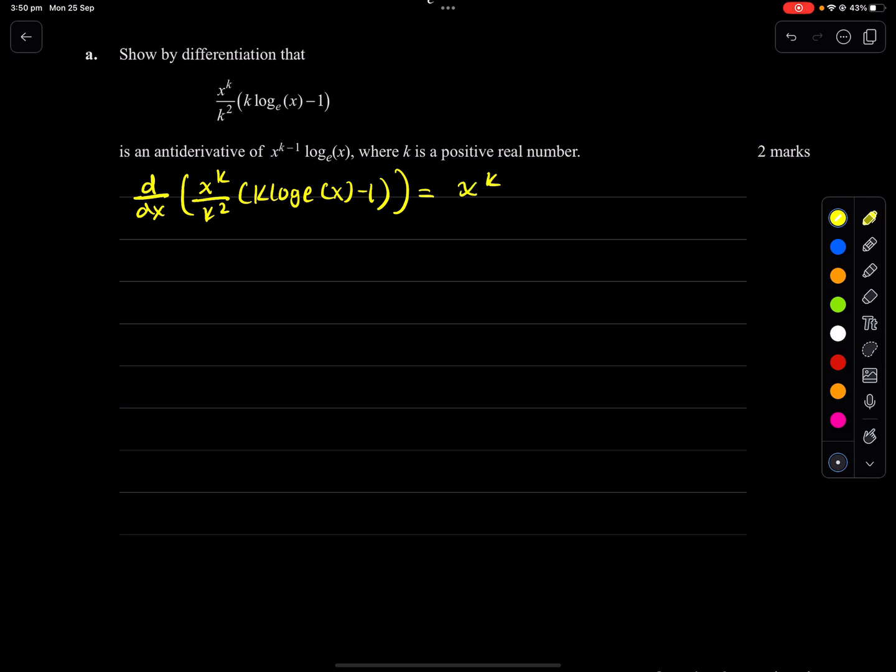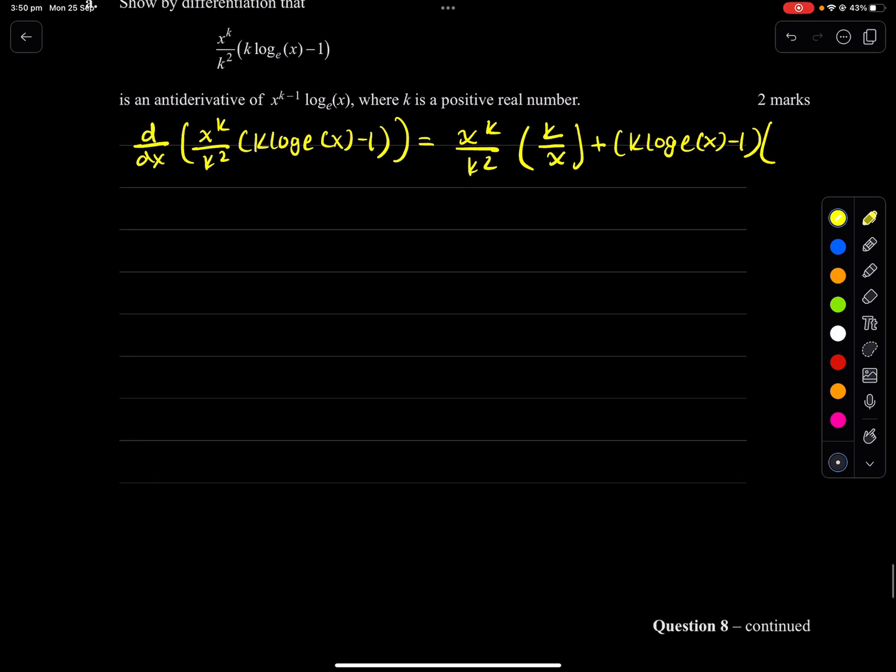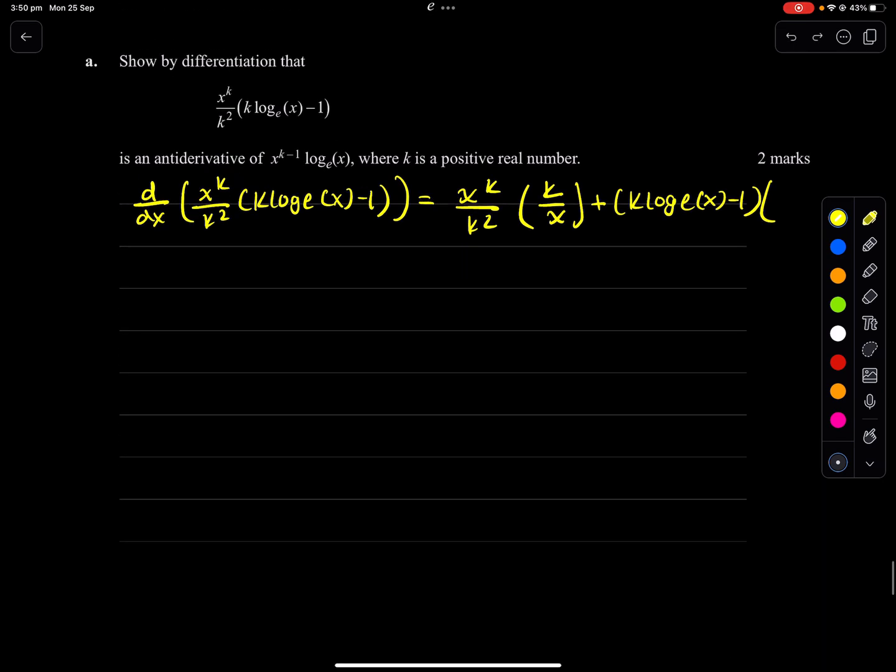So it'll be x^k over k squared times, now what's the derivative of the inside? It'll be just k over x, plus k log e x minus 1. The derivative of this is what? Well, it's just that constant.